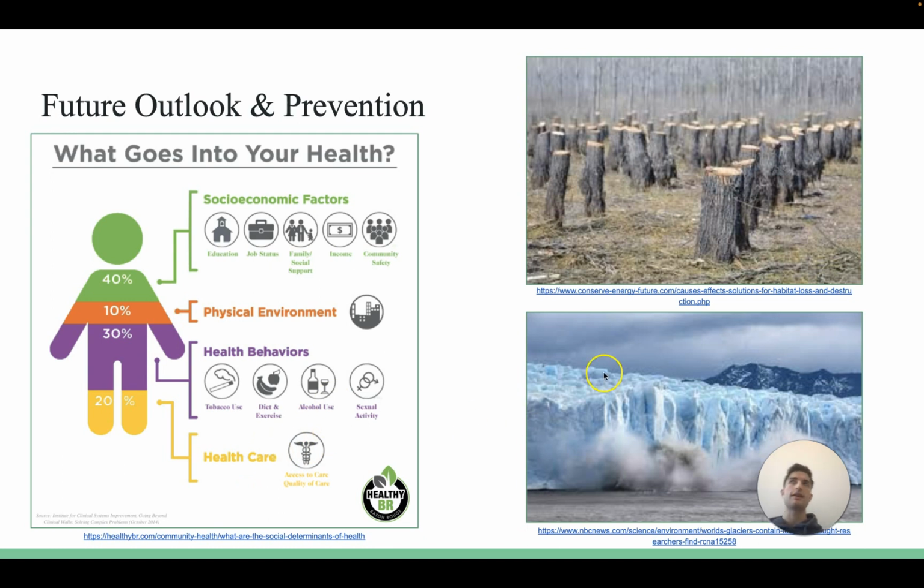In addition, things like climate change and human deforestation and taking over of the natural habitats of these animals greatly impacts the frequency of these outbreaks, because these animals are coming closer to us as we encroach on them. And so things like this still have to be prevented.